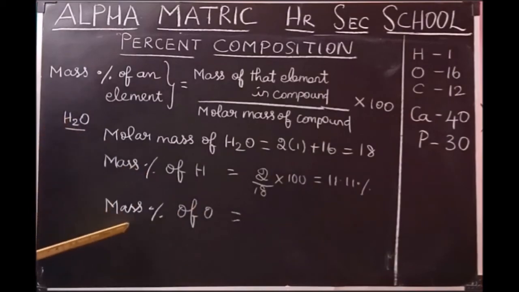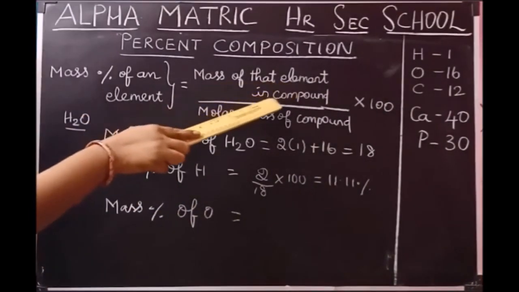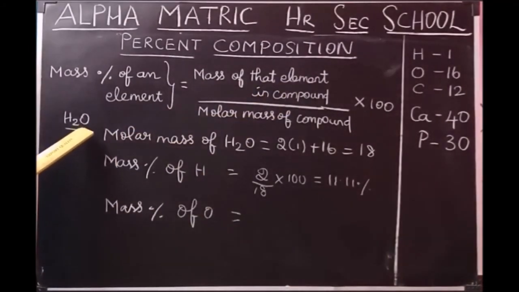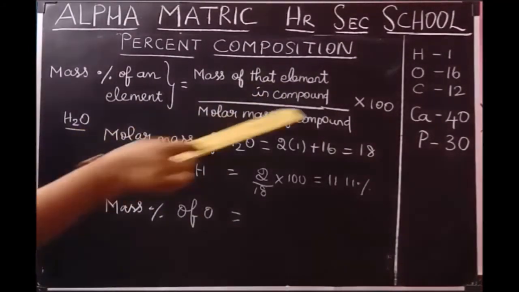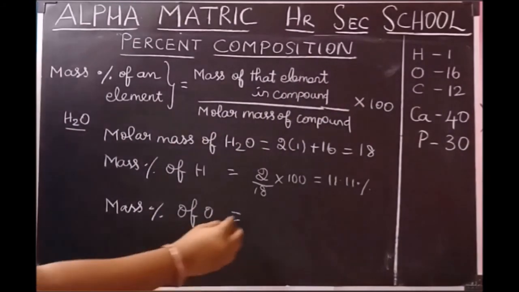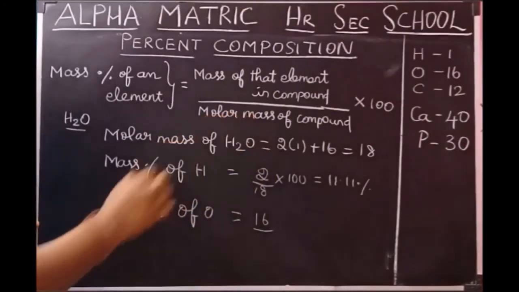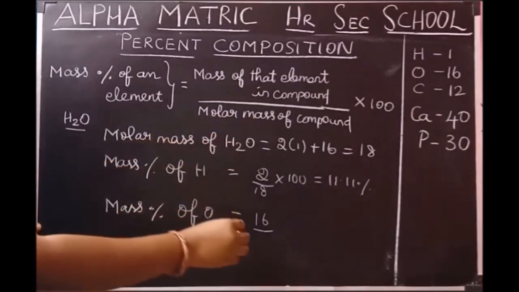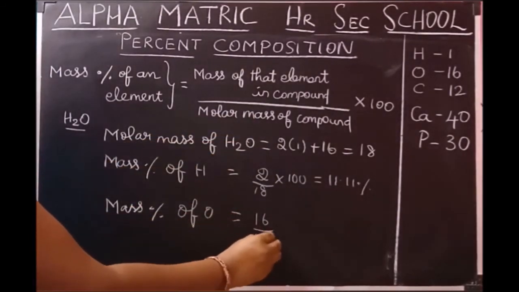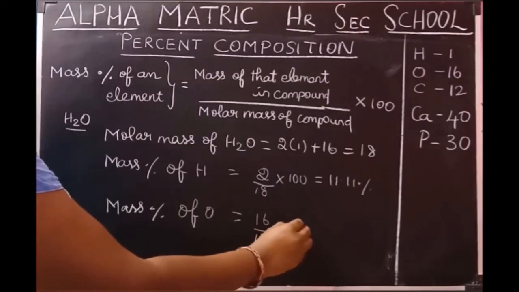Then the mass percentage of oxygen. Mass of that element in the compound. How many oxygen? Only one oxygen. For oxygen, atomic mass is 16. So 16 by the molar mass of the compound. What is the molar mass of water? 18. 16 by 18 into 100.